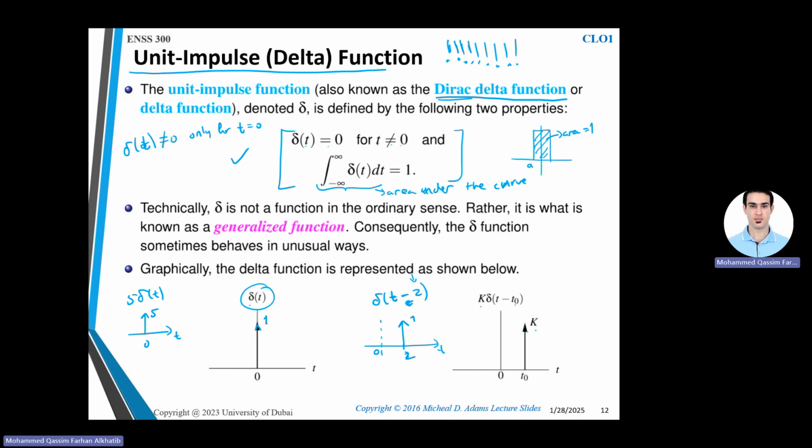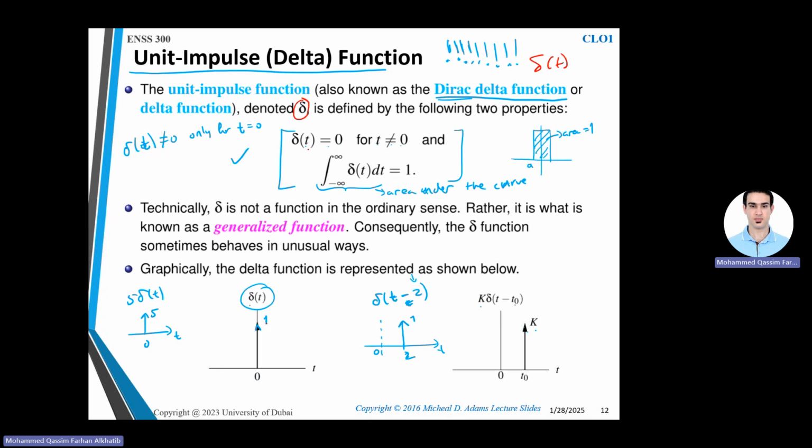Now let's go to one of the widely used functions in signal processing, or signals in general: the unit impulse function, or the delta function, or Dirac delta function. That is expressed by delta of t, the lowercase delta. So the unit impulse function, also known as the Dirac delta function or the delta function for short, denoted by this lowercase delta sign, is defined by the following two properties.